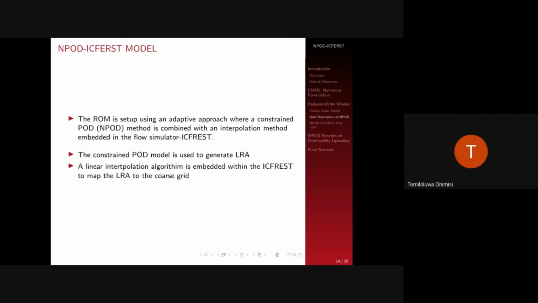If you remember in the previous slide when Jeff was talking, the ideal setting to reduce computational burden is a coarse grid, a high fidelity numerical method, and then low fidelity data. So basically this is what we do. We have low fidelity data generated as the low rank approximations from our NPOD model, and then we are remapping it using a linear interpolation algorithm to the coarse grid.